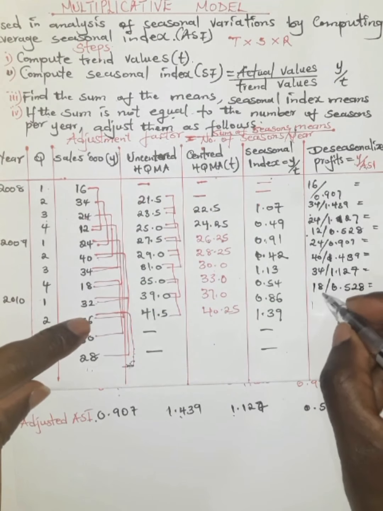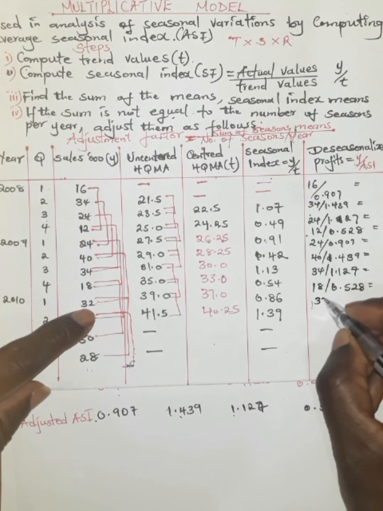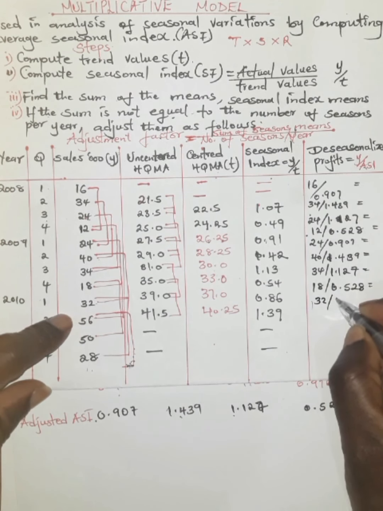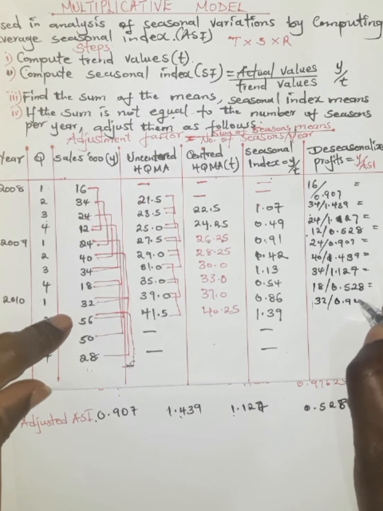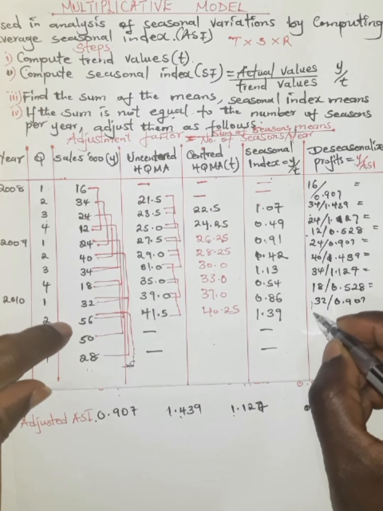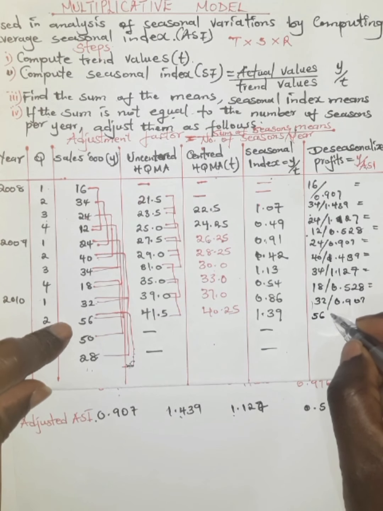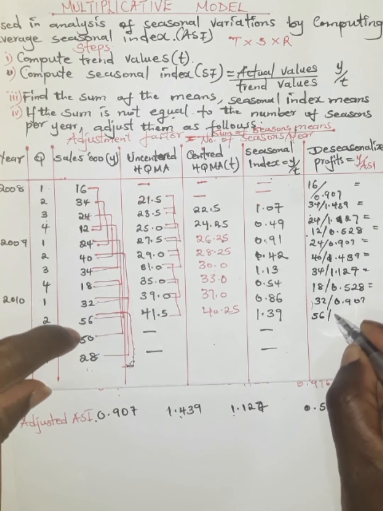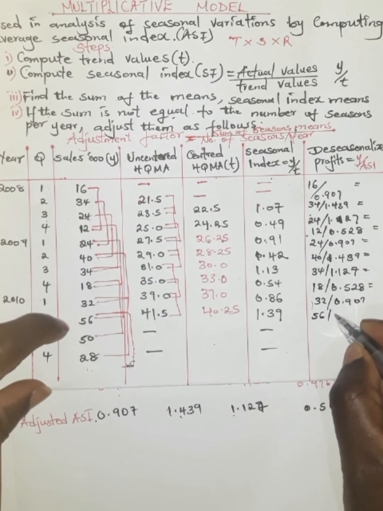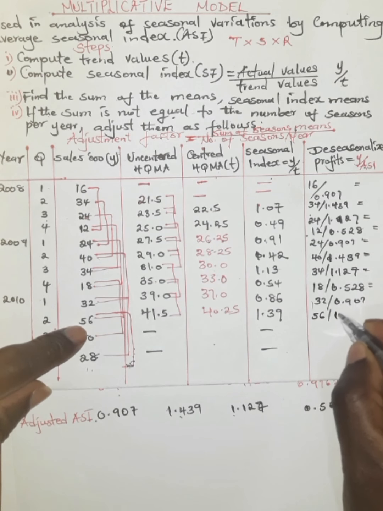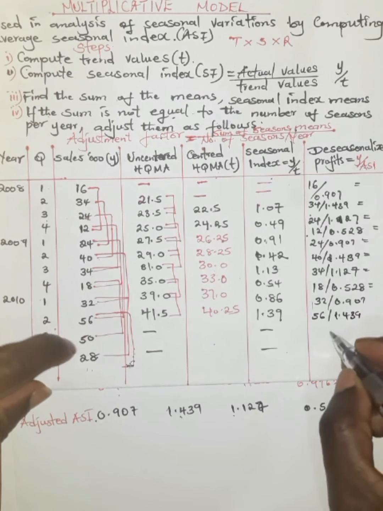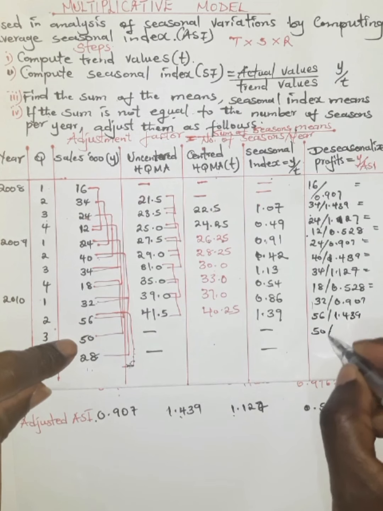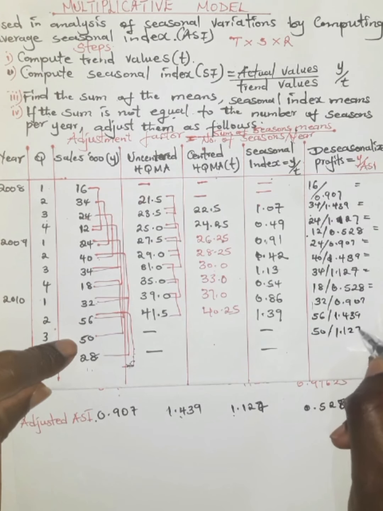Like we have this one here, should now be 32 divided by 0.907. Then 56 divided by, for the second quarter, 1.439. 50 divided by 1.127.